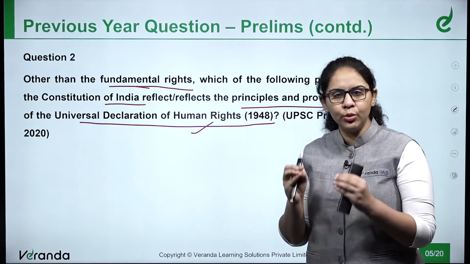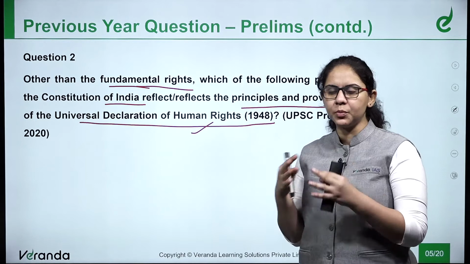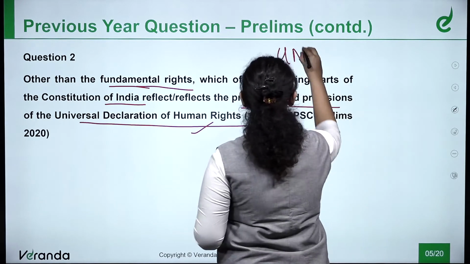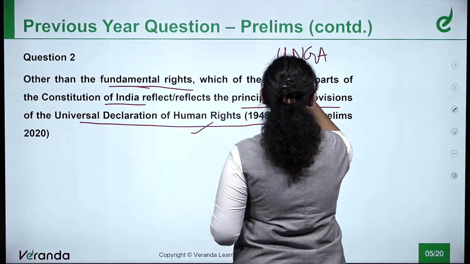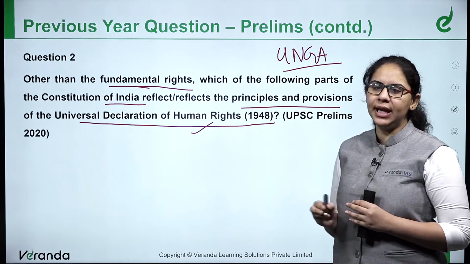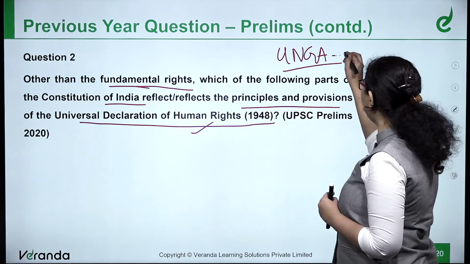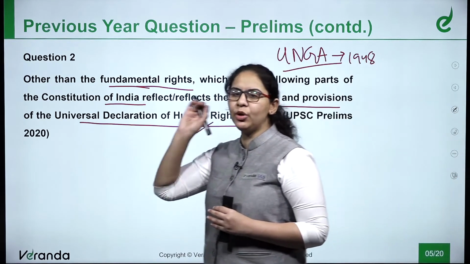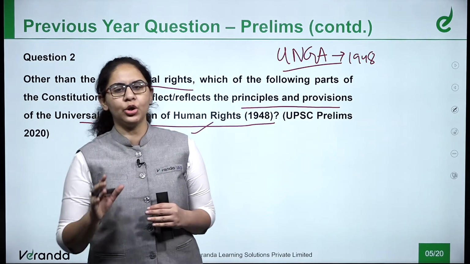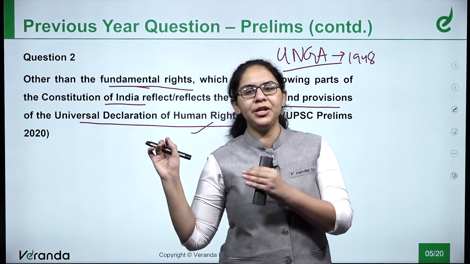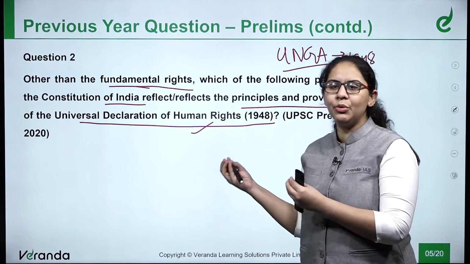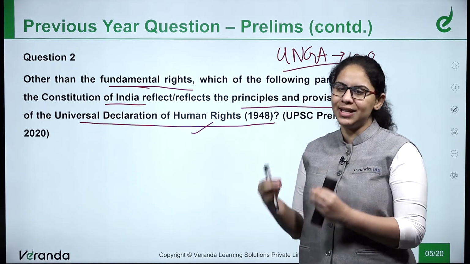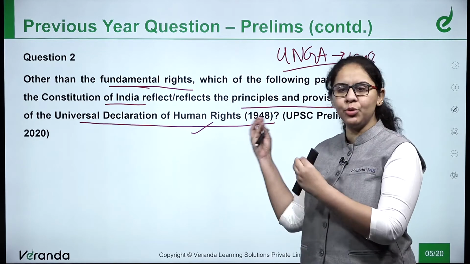The Universal Declaration of Human Rights is a document which was adopted by UNGA, the United Nations General Assembly, in the year of 1948, and this declaration is known as one of the wonderful and finest documents that ensures human rights in a universal nature. Universally, humans have some rights and this declaration protects them.